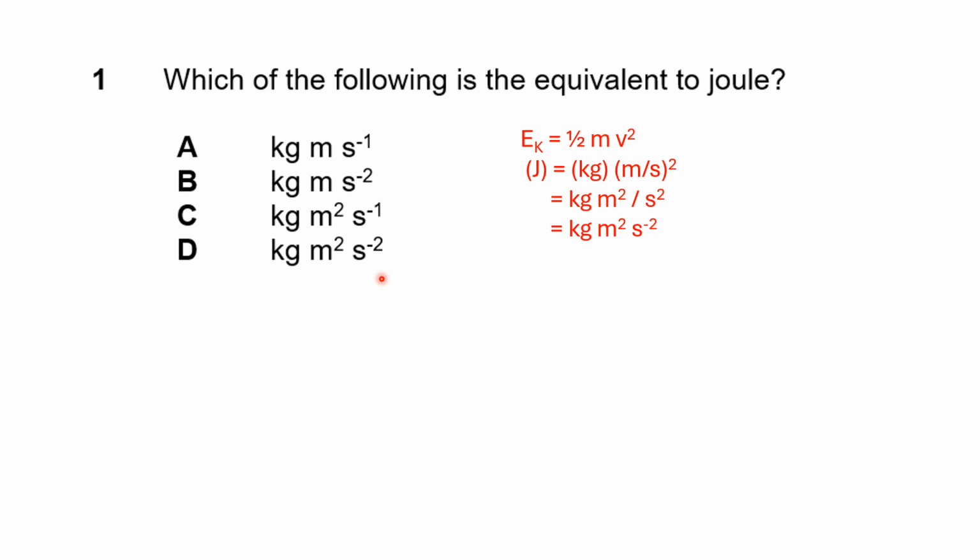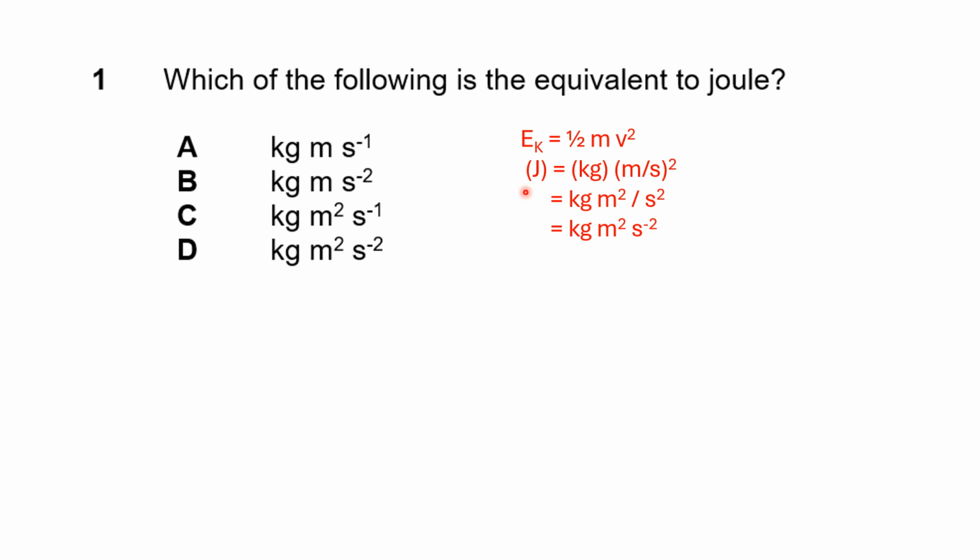So EK equals to half mv squared, and the units on the left is joule, the units on the right, they must be the same unit. Half doesn't have a unit, so you notice in the second line I've omitted it. But for mass, that's kilograms, and for velocity, the SI unit is meter per second. Of course, because it's squared, we have to do that, and this is the units.